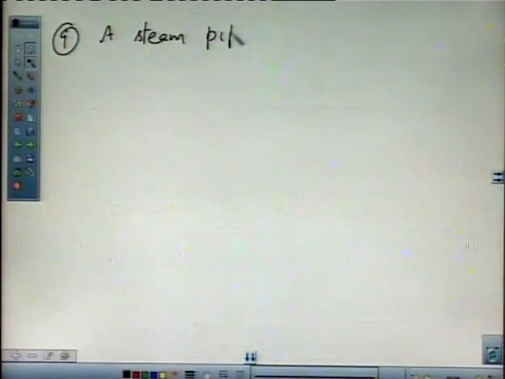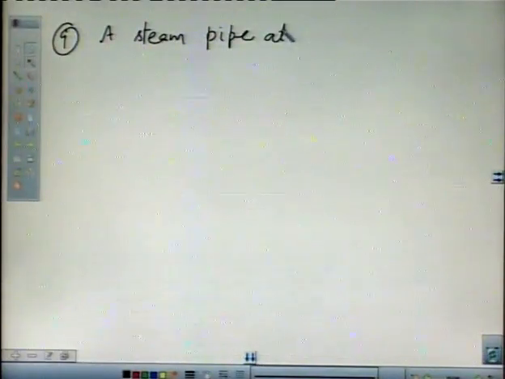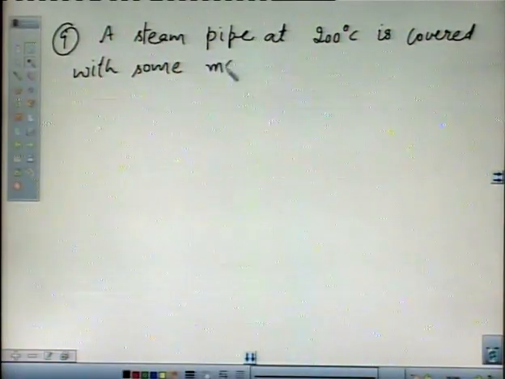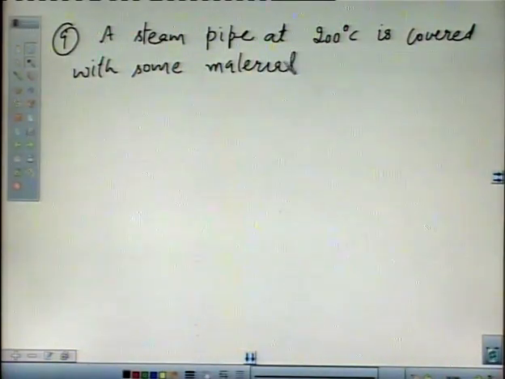Now the next problem is a steam pipe at 200 degrees Celsius is covered with some material, 0.05 meter thick.